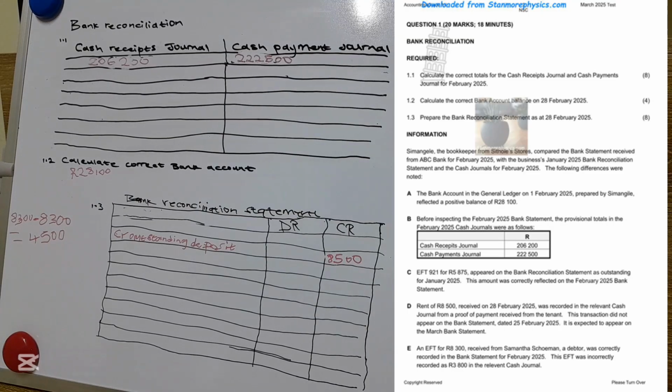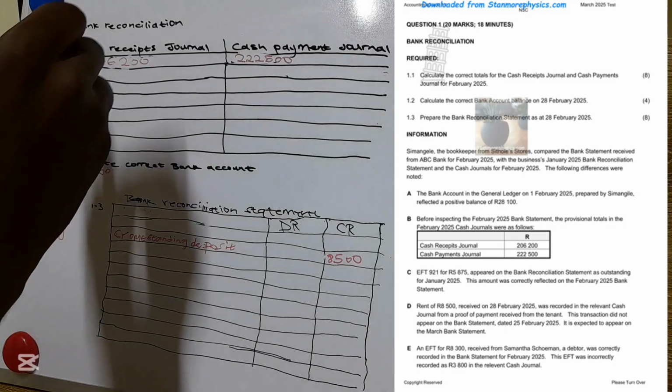So we are going to record this 4,500 under the cash receipt journal.